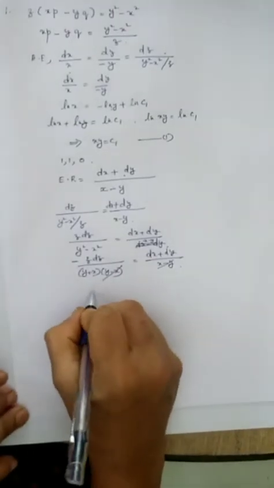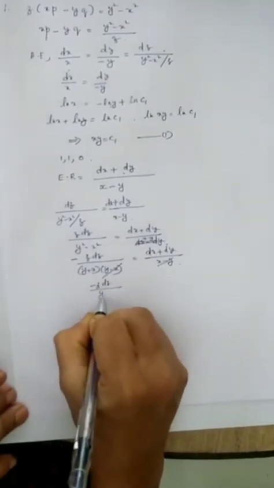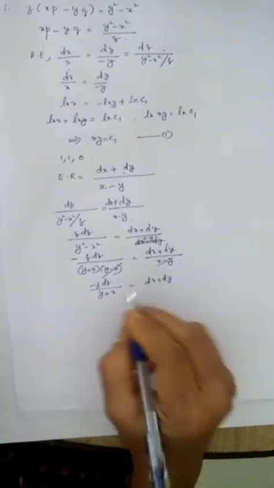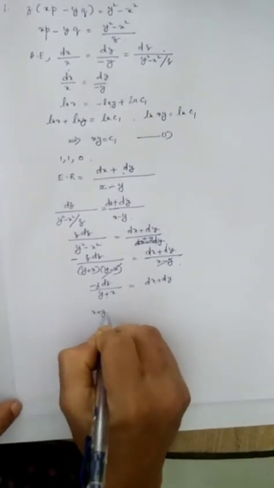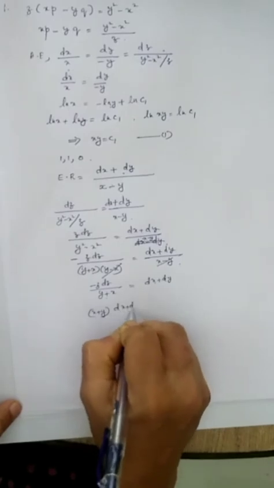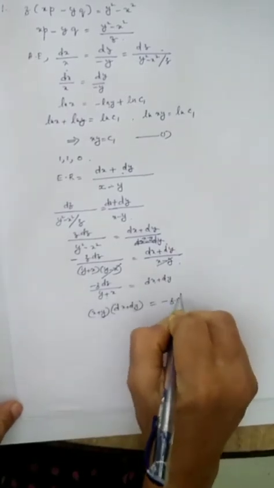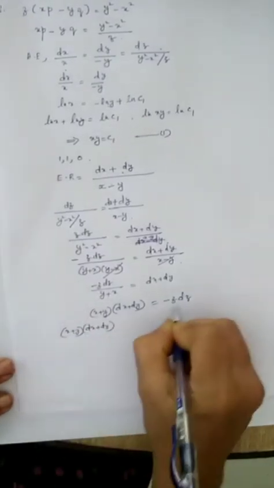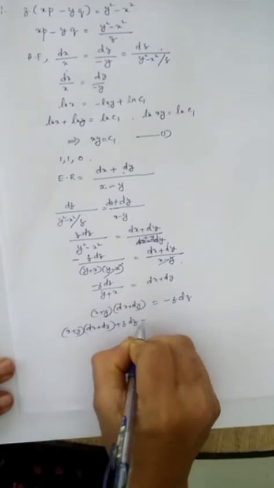So minus z dz by y plus x equal to dx plus dy. Now cross multiplying, we have x plus y into dx plus dy equal to minus z dz. So x plus y into dx plus dy plus z dz equal to 0.